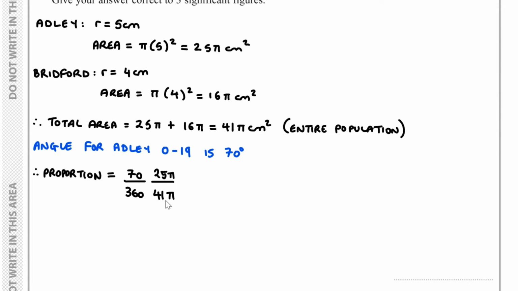So 25 pi over 41 pi would be those living in Atley, and of those living in Atley, we've got 70 degrees, which represents the age of 0 to 19.